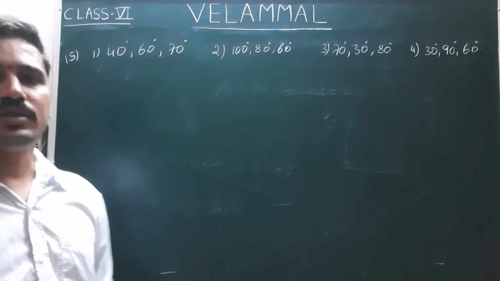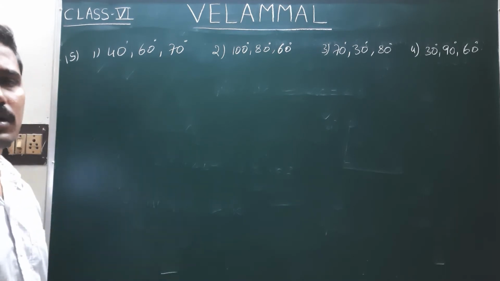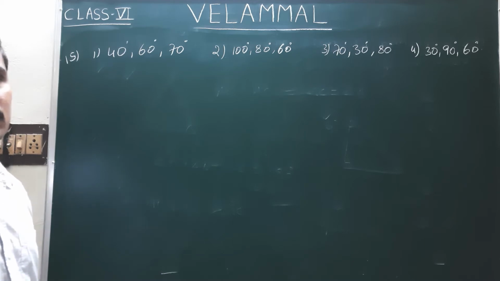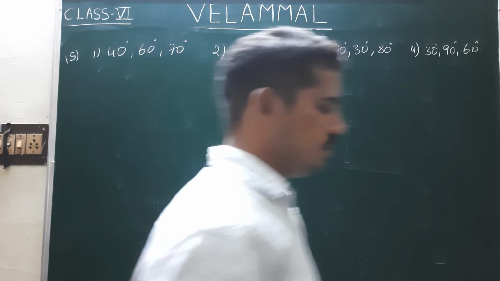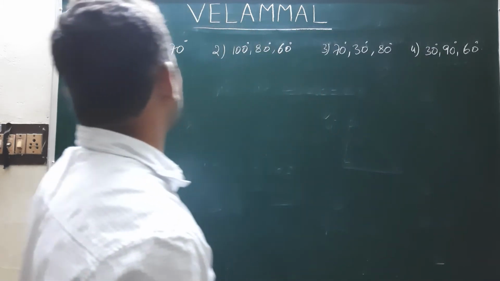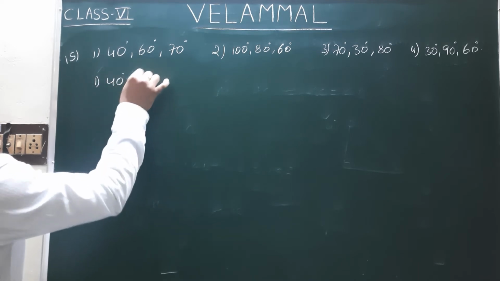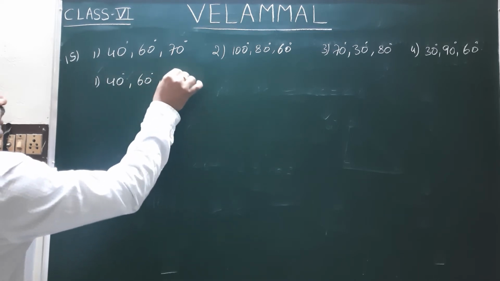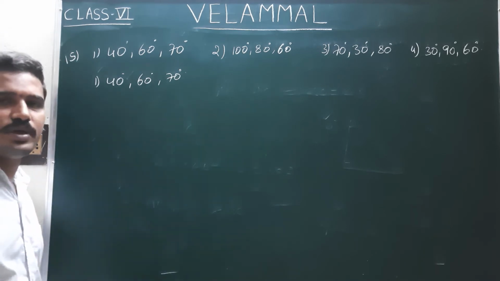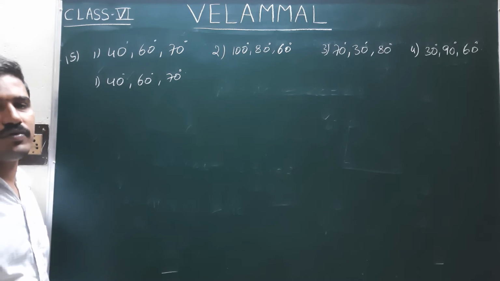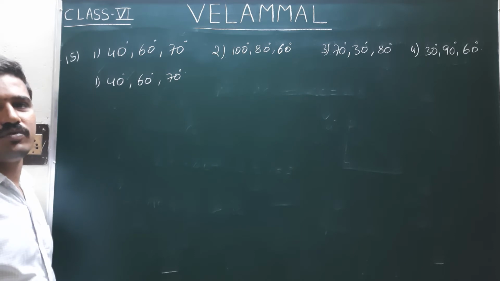Next we have the 15th question, that is, which of the following can be the angles of a triangle? So among these, which angles will be the angles of a triangle is the question. Here we consider the first option, given as 40, 60 and 70. We know that by the angle sum property of a triangle, the sum of the angles must be 180 degrees.